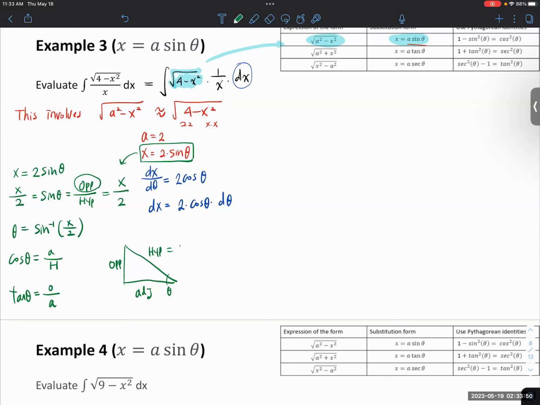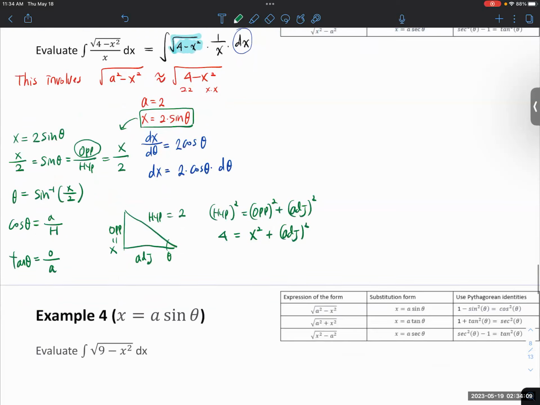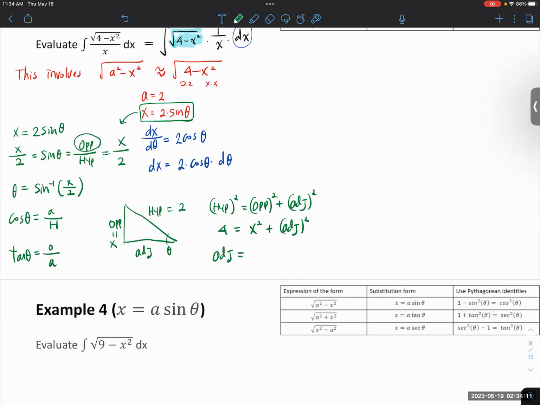So this is 2, this is x. So if you want to solve for the adjacent, according to the Pythagorean theorem, we have opposite squared plus adjacent squared equals hypotenuse squared, correct? So 4 equals x squared plus adjacent squared. We don't know the adjacent. We're going to find out. So the adjacent, if you solve it, is going to be radical 4 minus x squared.